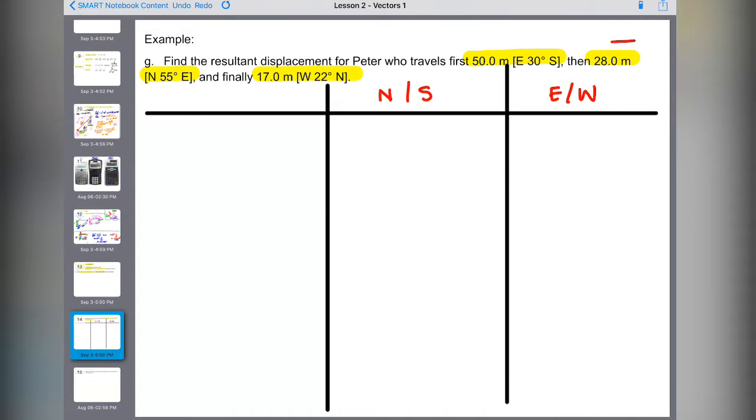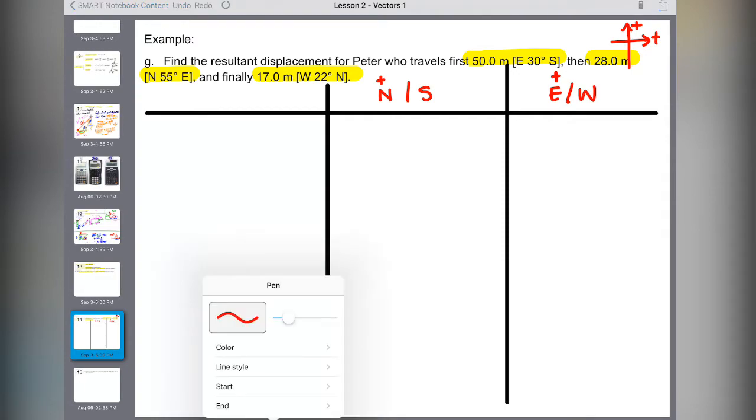I often like to set north and east as positive, so that every time I'm traveling up towards the north I'm adding it. But if something's traveling south, I'm going to have to subtract it overall. We'll show you what it is when we get to the example.